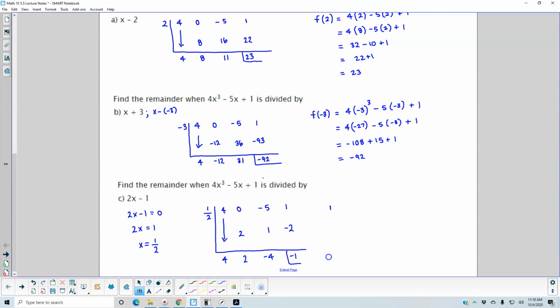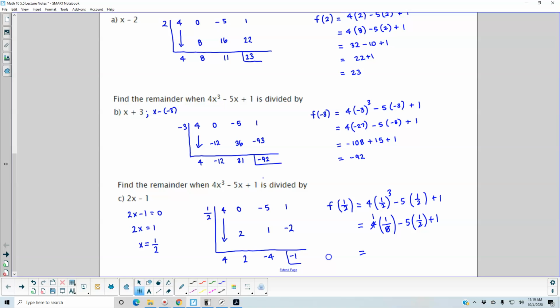And again, if we plug in f of 1/2, where k is 1/2, into the function, this is 4 times 1/2 cubed minus 5 times 1/2 plus 1. Well, 1/2 cubed is the same thing as 1/8, minus 5 times 1/2 plus 1.